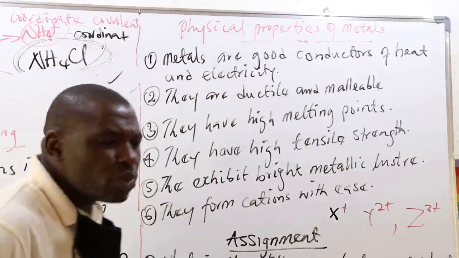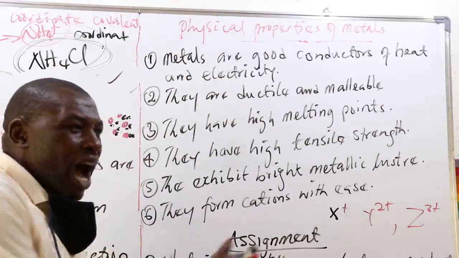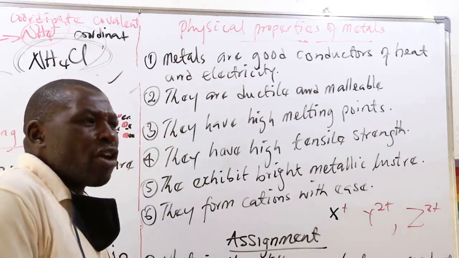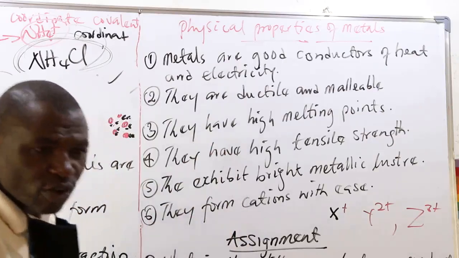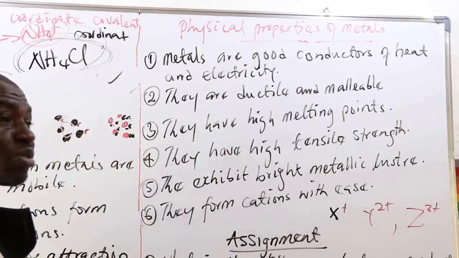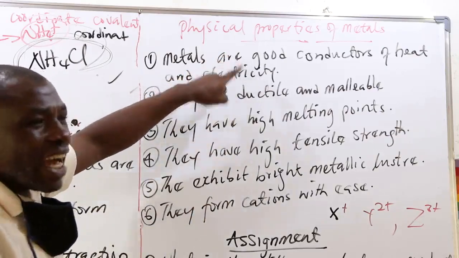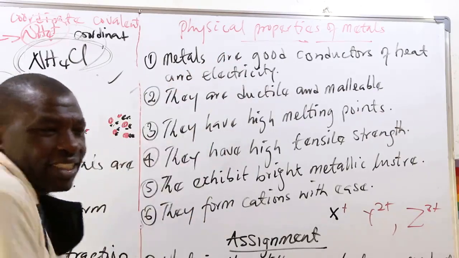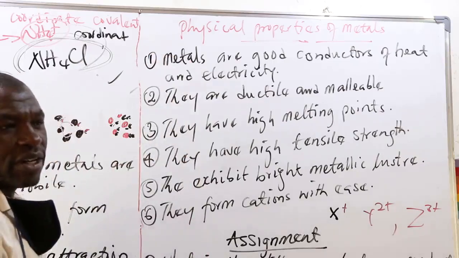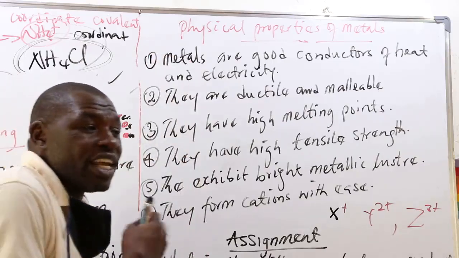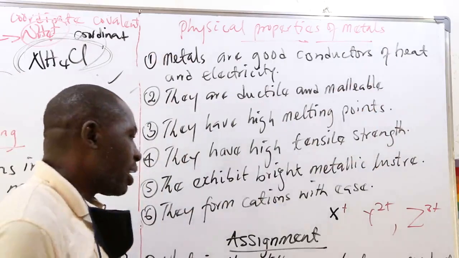That means the ease with which you remove an electron from the outer shell of the atom becomes easier as you go down the group. So we will be correct to say that reactivity for metals increases as you go down the group, because their reactivity has to do with the ease with which they give out electrons.